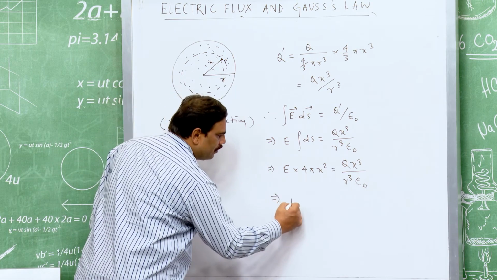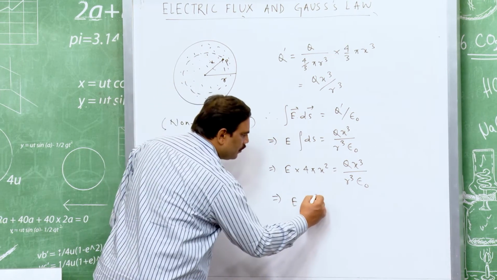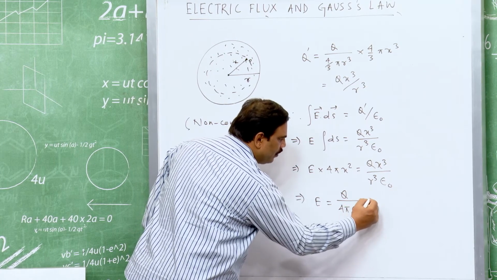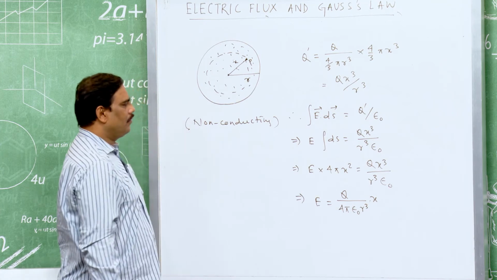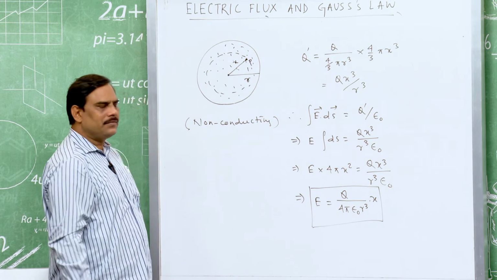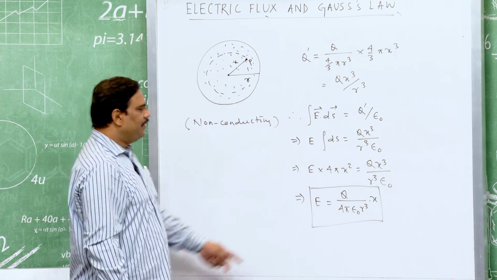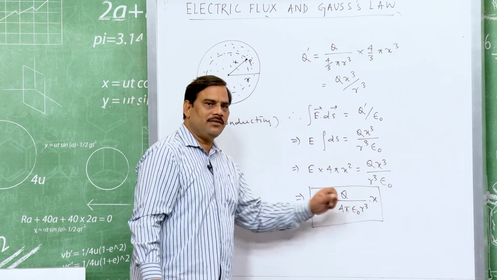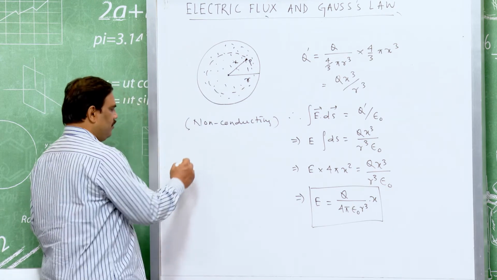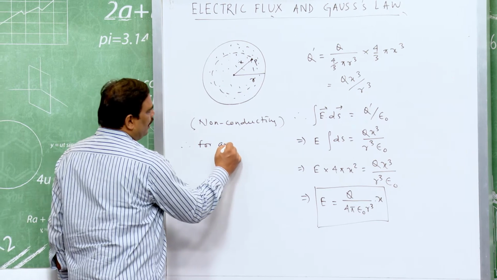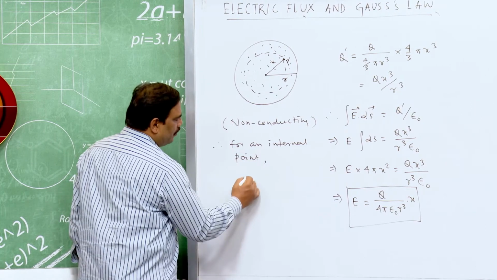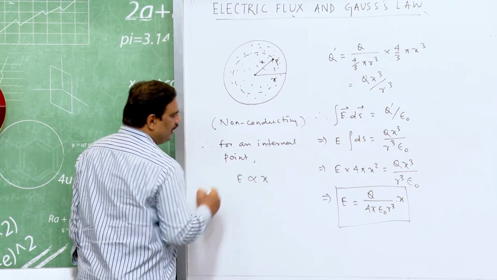This implies E equal to q divided by 4 pi epsilon 0 r cube into x. This is very important. What we see is, with increase in x, because everything else is constant, q divided by 4 pi epsilon 0 r cube, the value of electric field increases. So, therefore, for an internal point, E is proportional to x.